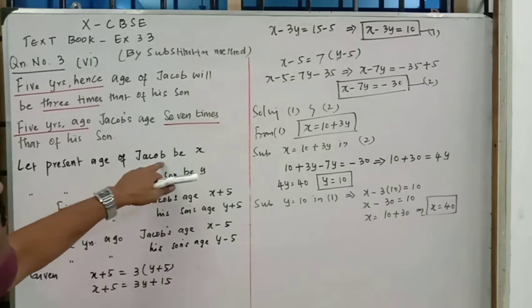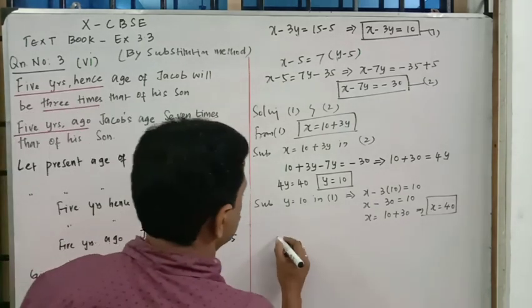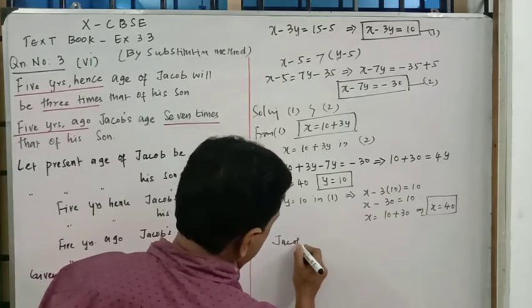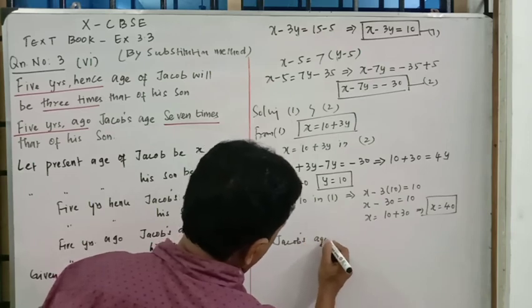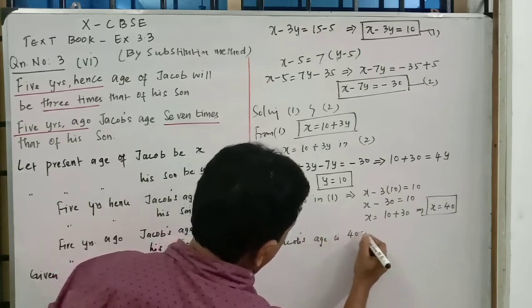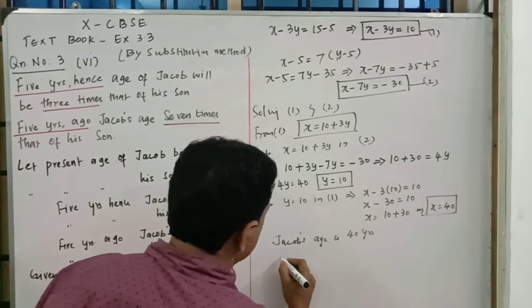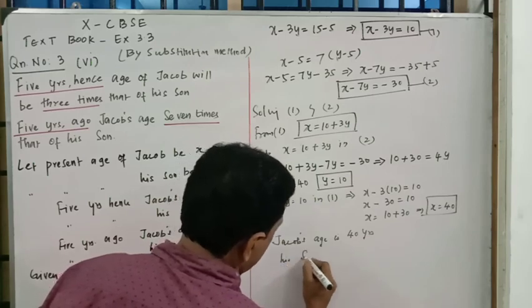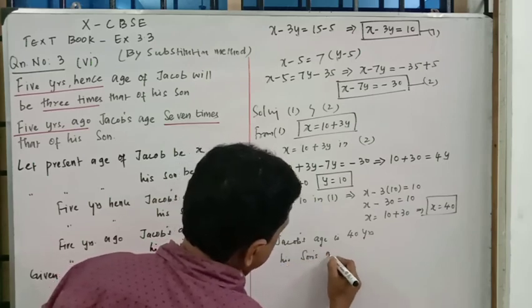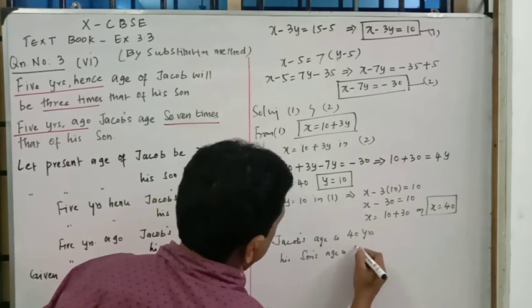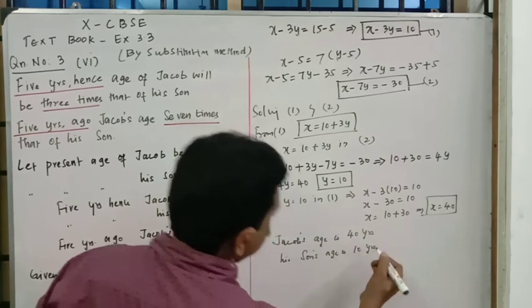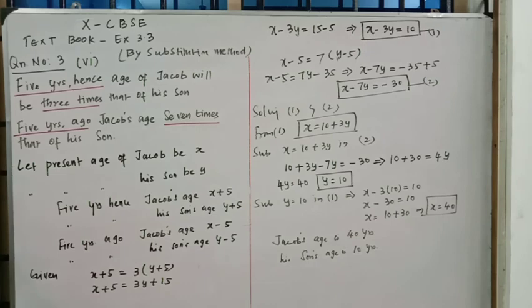Present age of Jacob is X. So Jacob's age is 40 years and his son's age is 10 years.